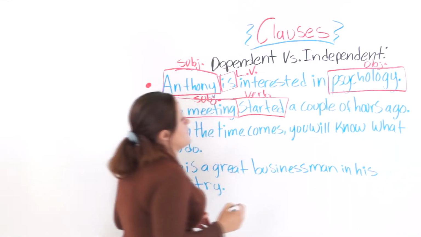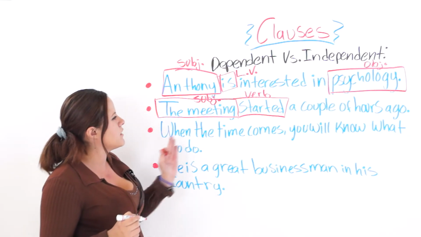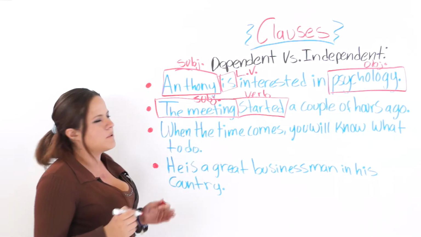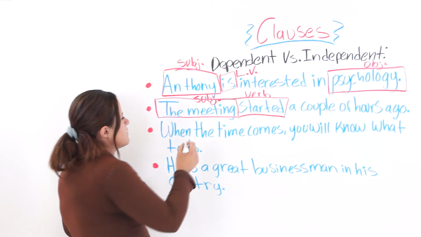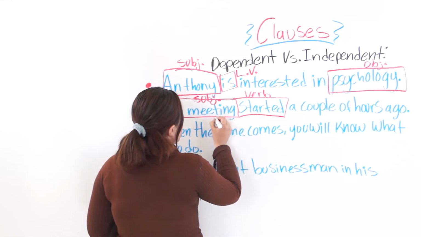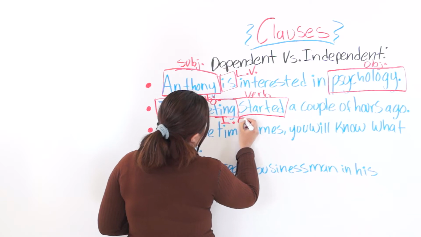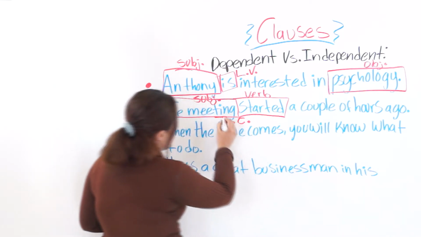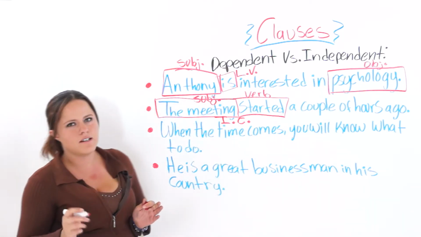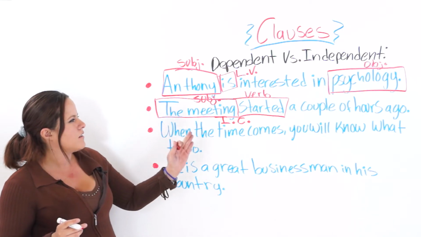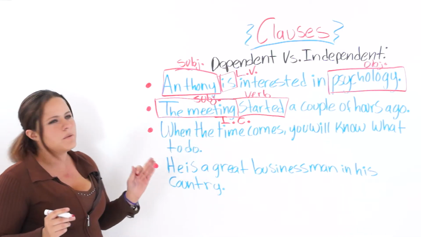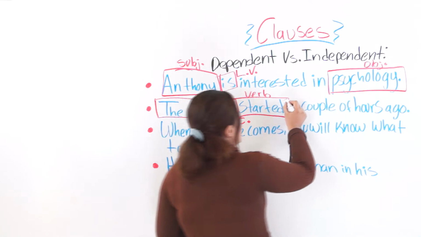So this is a clause. The meeting started could be or is an independent clause. I am just going to write I.C., independent clause. Alright?